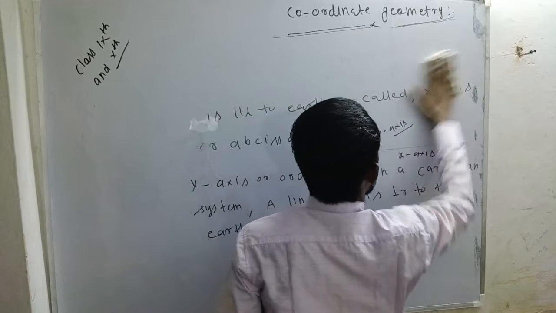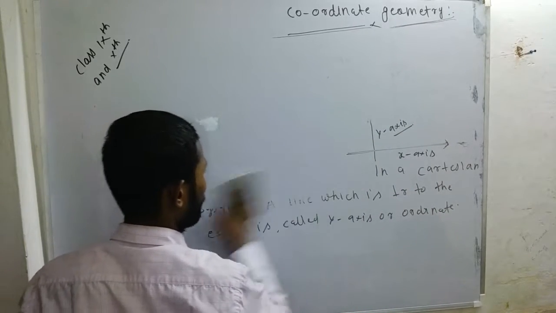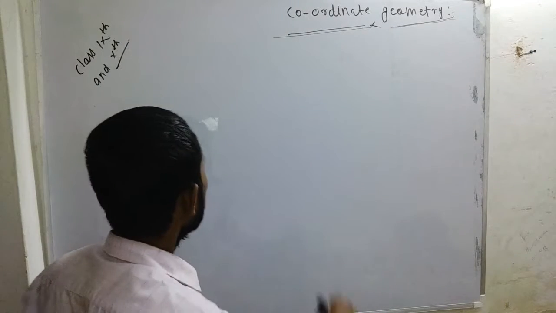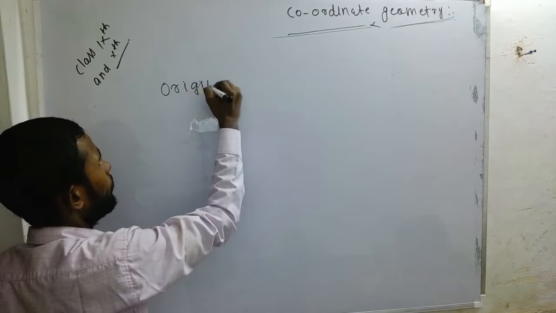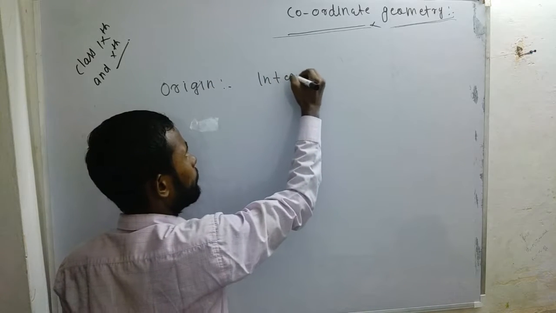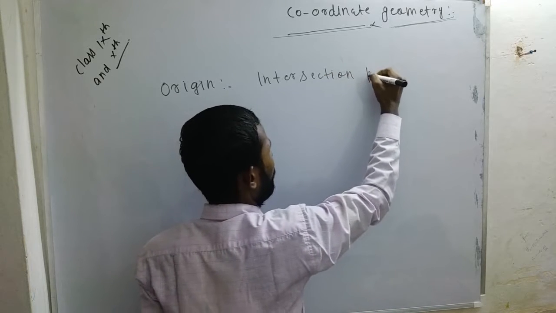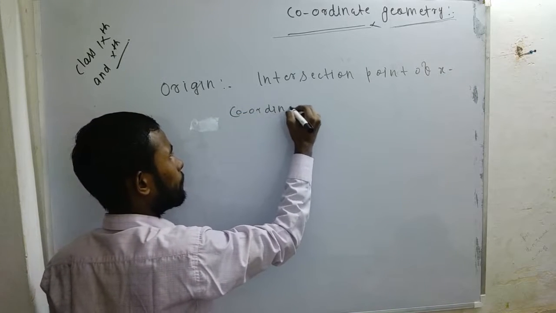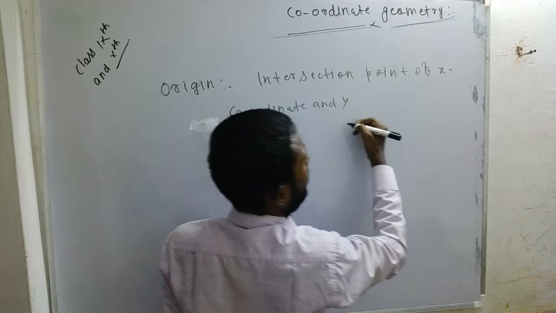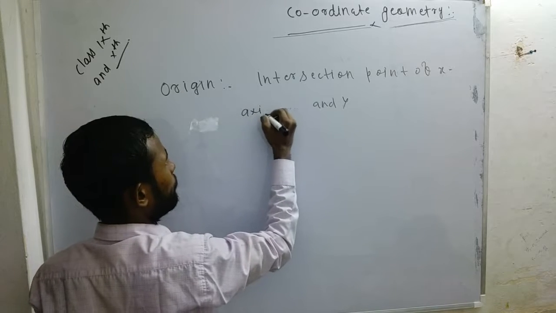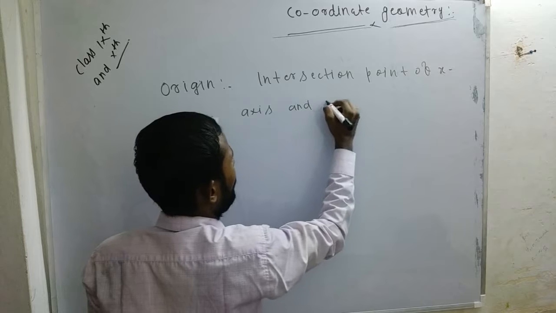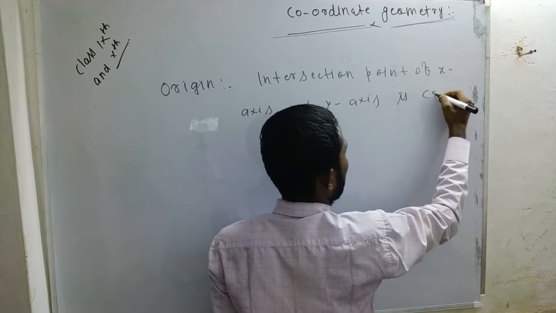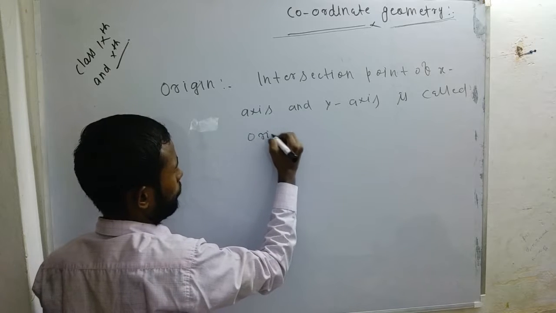Now we define origin. What is origin? The intersection point of x axis and y axis is called origin.